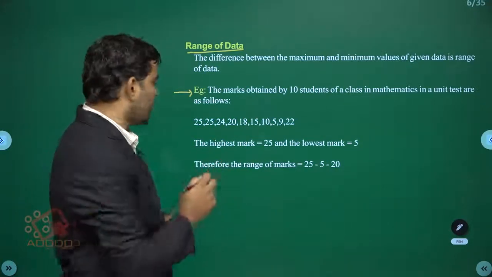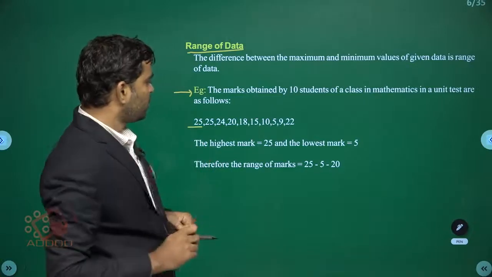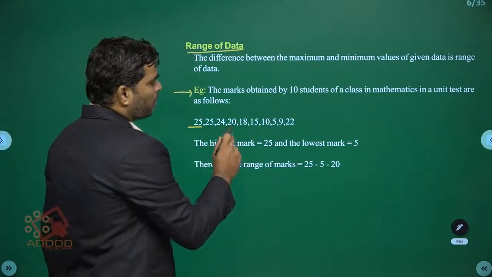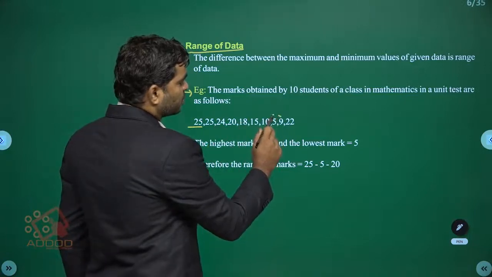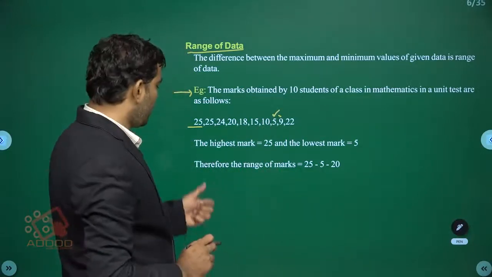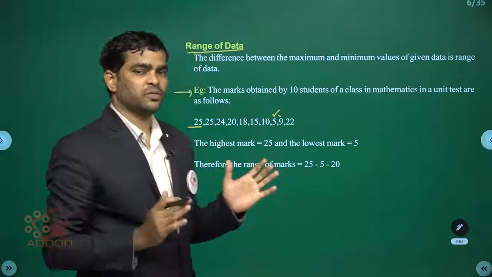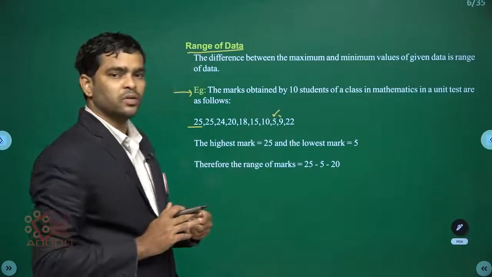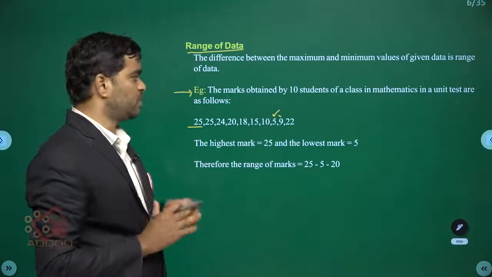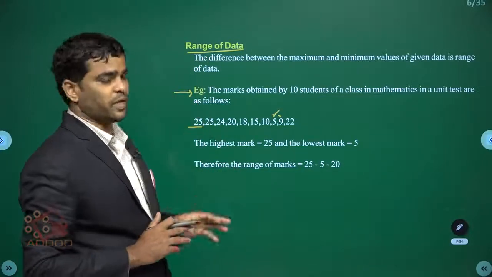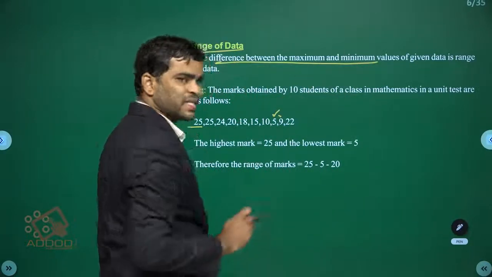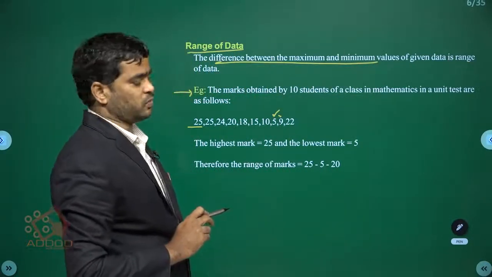The highest mark is 25, scored by 2 students, and the lowest mark is 5. What would be the range? The highest is 25 minus the lowest 5, which is 20. That is the range of the data, the difference between the maximum and minimum values.